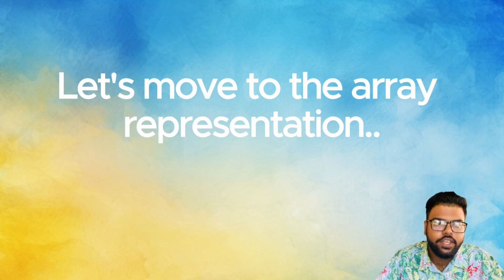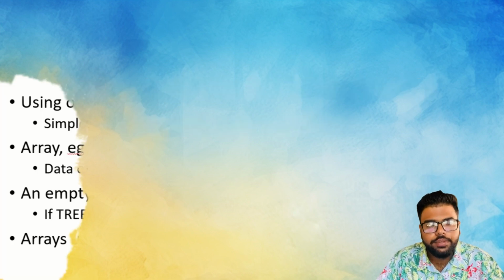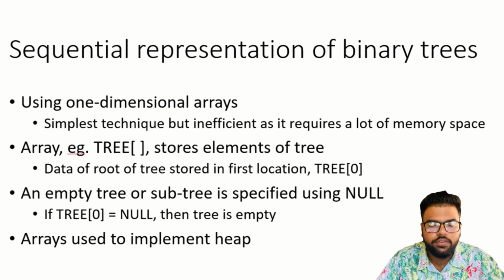This array representation has another name, sequential representation of a binary tree. In this representation we use a one-dimensional array. It is a simple technique but inefficient, as it requires a lot of memory space. For example, you have coding knowledge. Take an array named tree, and store the elements of the tree. The data of the root of the tree is stored in the first location.